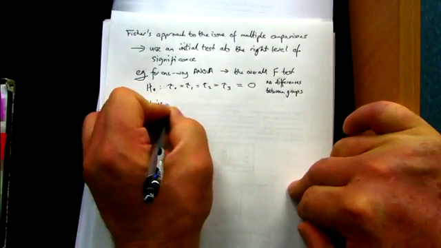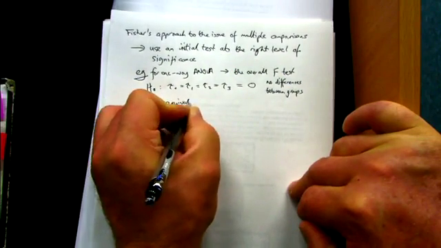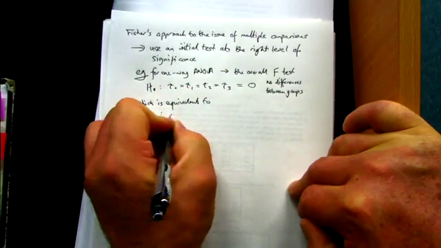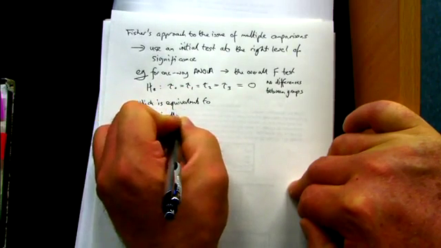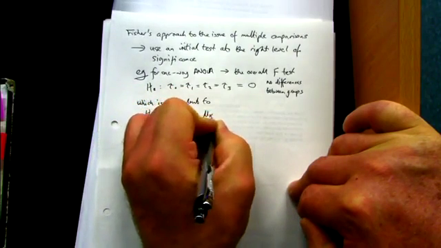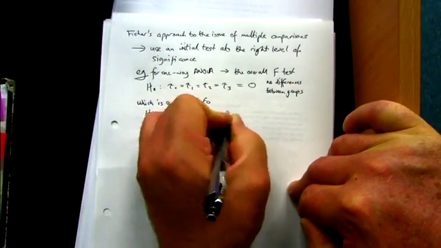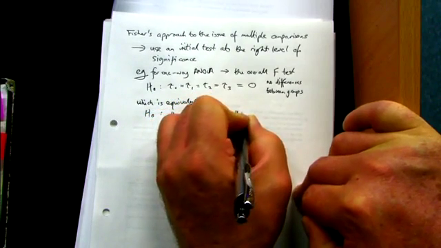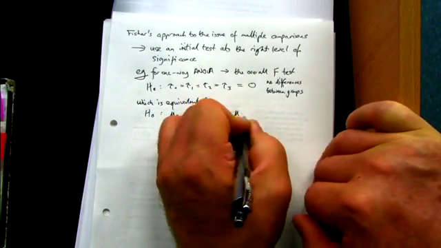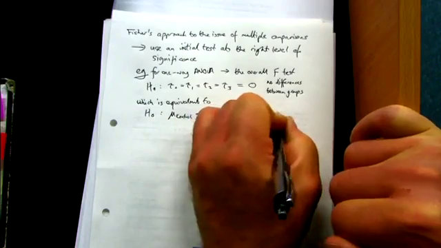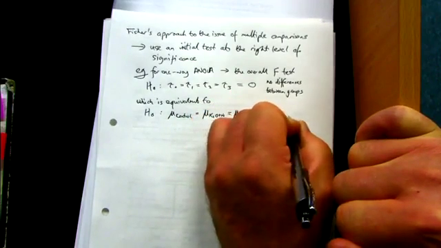Which is equivalent to saying that mu1 or mu for control equals the mu for K2O plus N equals the mean for K2O plus phosphate equaling the mean for nitrogen plus phosphate.